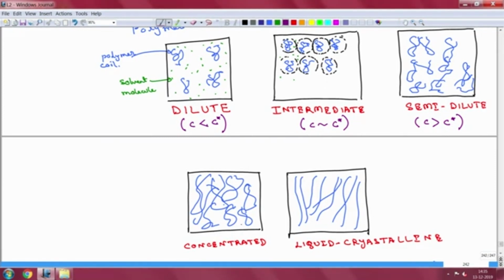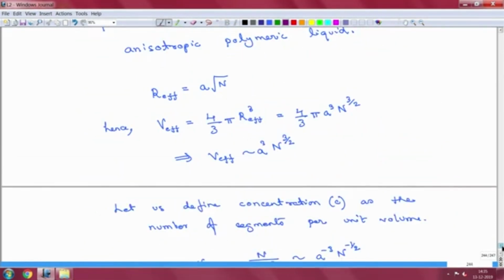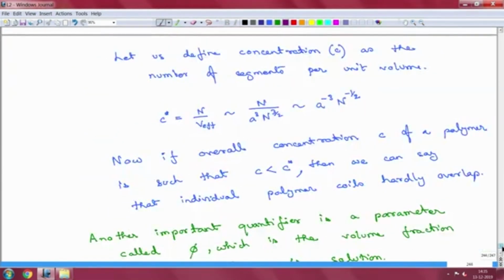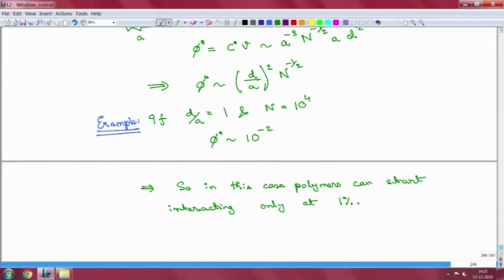So, for polymer chains, the takeaway lesson is that when n is much greater than 1, there will exist many states where by varying the volume fraction you can achieve all these different states, and this argument will not hold if n is very small.